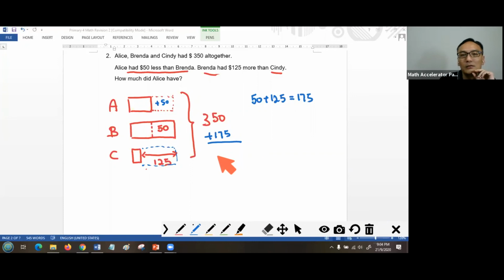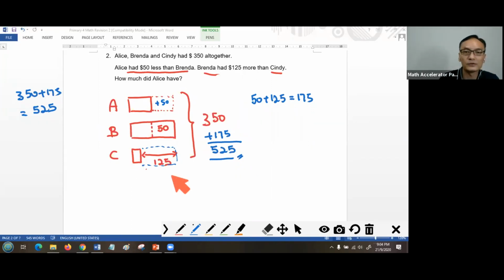So now, can you add up for me? What is 350 plus 175? So we're going to add 350 plus 175. That will give us 525. So here is 525 over here, right? 525. So what should we do now?